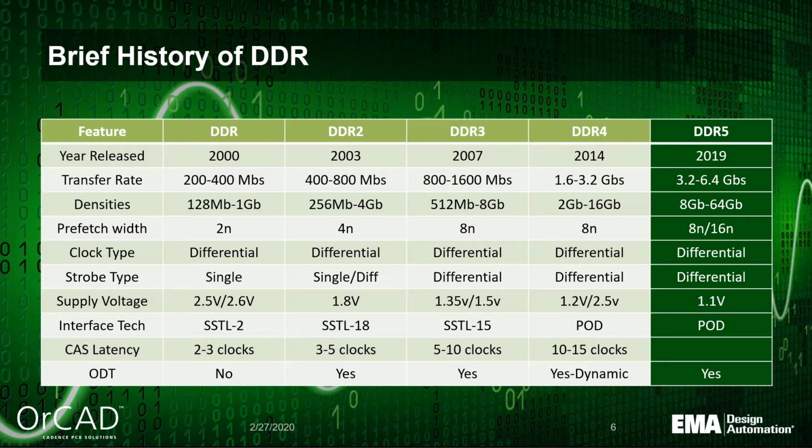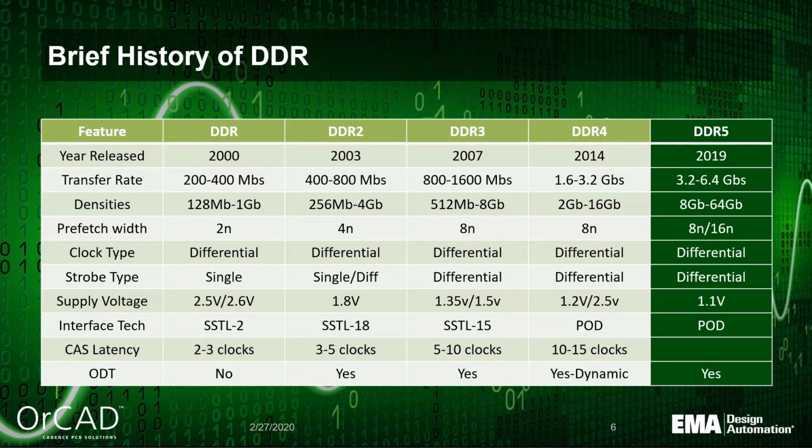Differential signaling is going to be a more robust signal. It's going to be cleaner. It's going to allow a better clocking source for the data transfer. Supply voltages are now dropped down to 1.8 volts, and you're still in the SSTL IO technology. Latency has increased to about 5 clock cycles, and now on-die termination has been offered for DDR2, and this allows you to avoid using discrete logic for terminations. You can now take advantage of what's in the devices themselves.